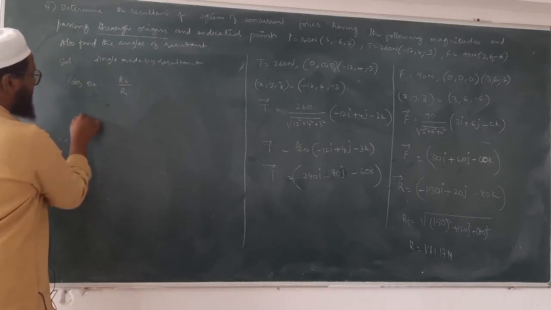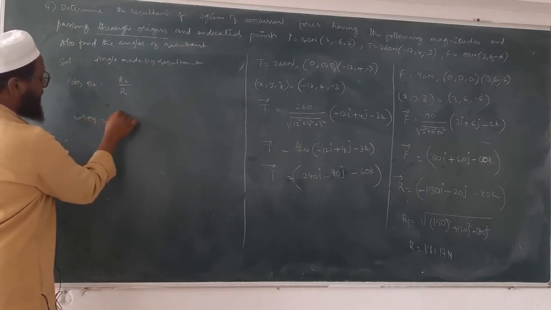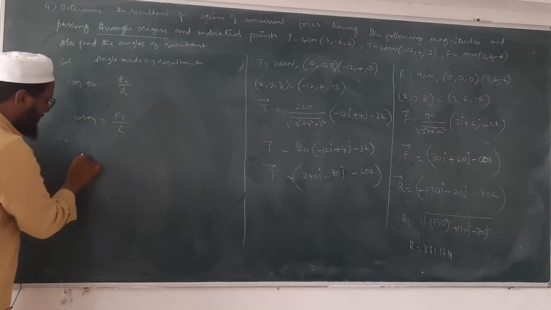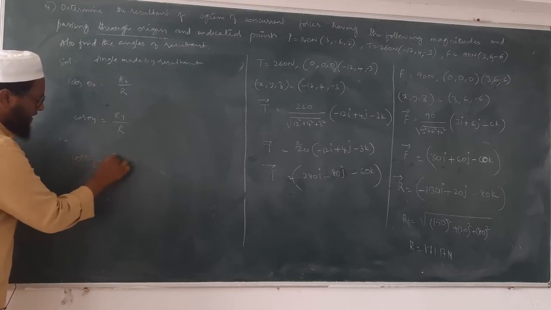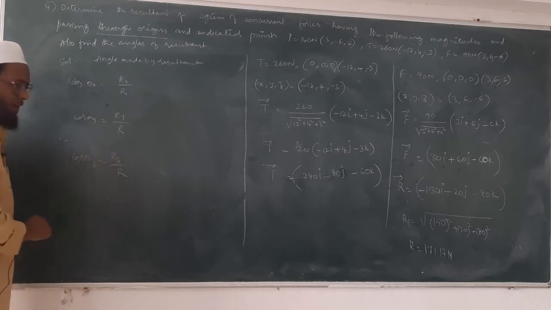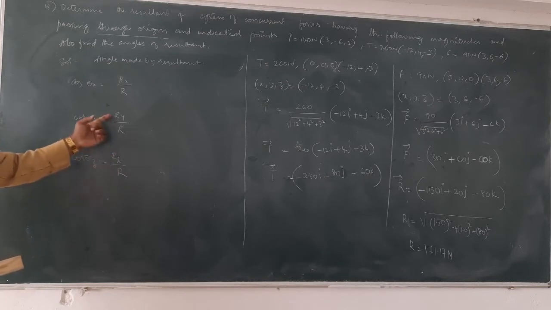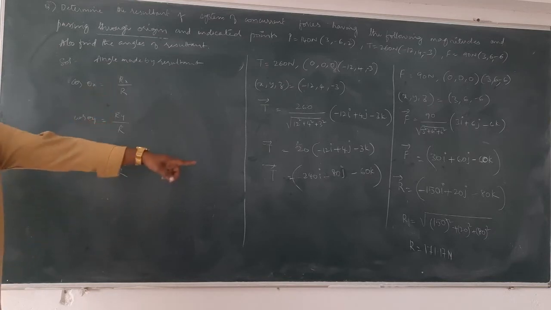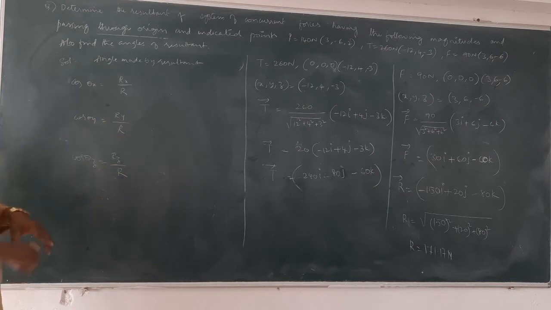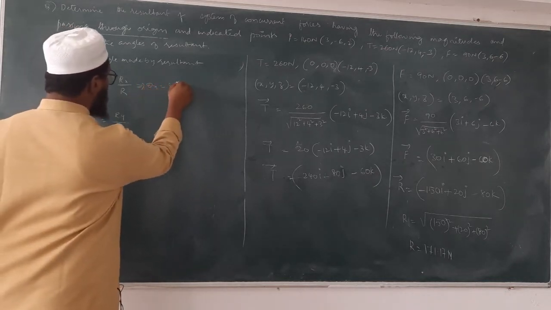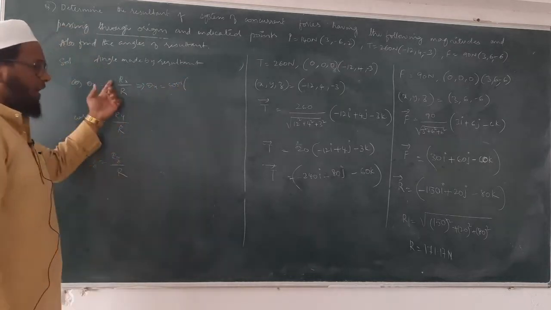Yes. Then cos theta y is equal to Ry by R. Similarly, cos theta z is equal to Rz by R. Now, we know R. What is Rx, Ry, Rz? Those values.